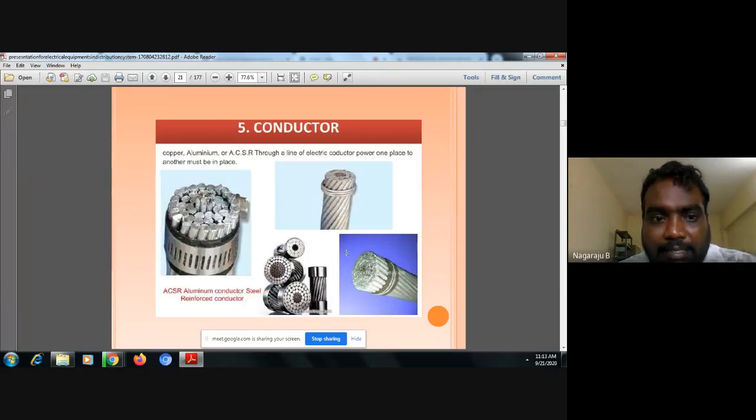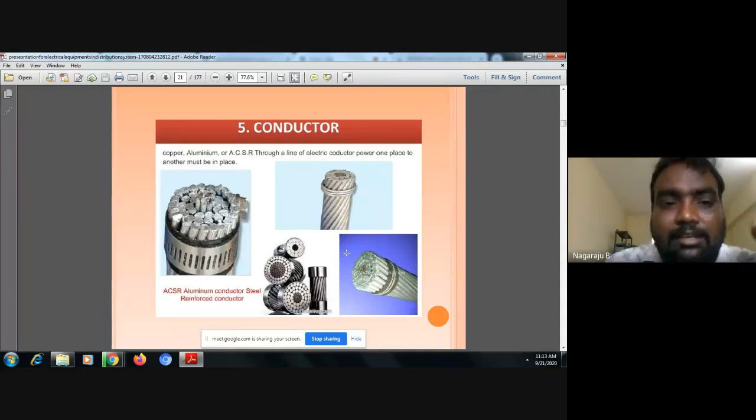See, this is about the conductor. Most conductor materials are copper, aluminum.